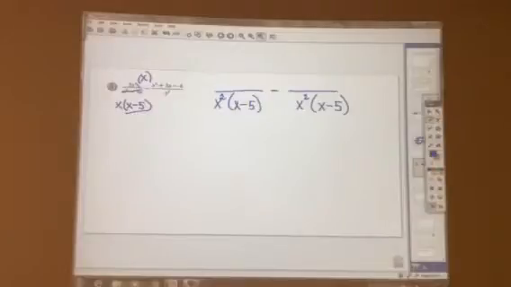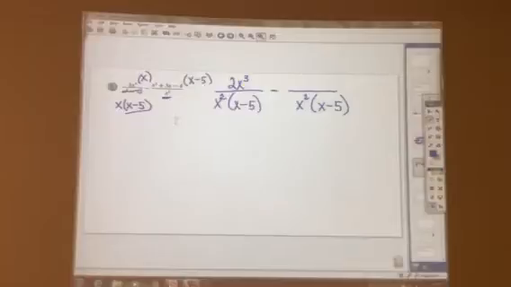So 2x squared times x would be 2x cubed. Over on this side, what would I have to multiply my numerator by to get x squared x minus 5? I have an x squared, and I need it to be x squared x minus 5.